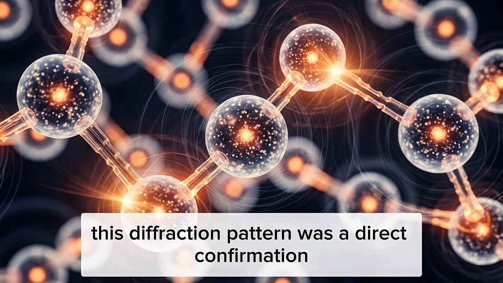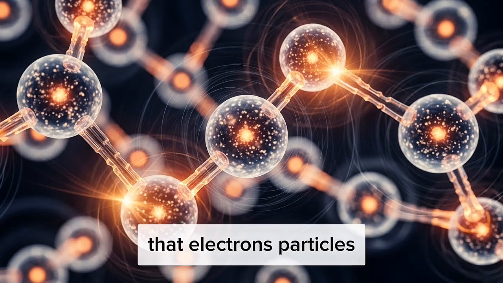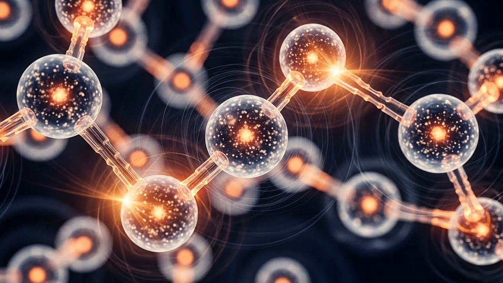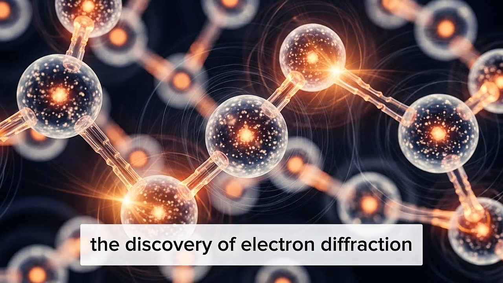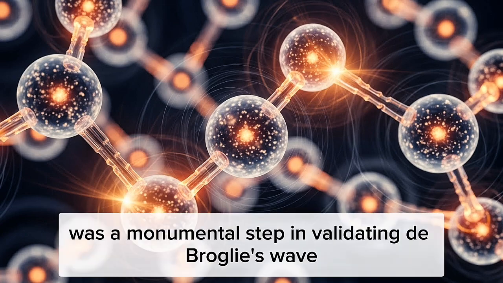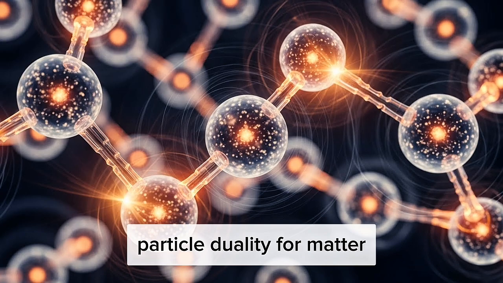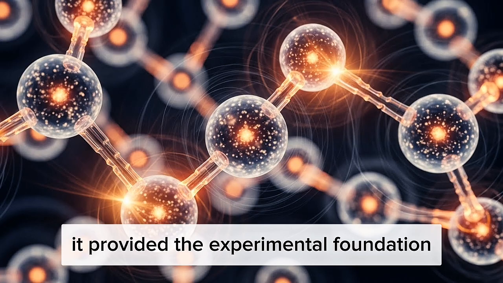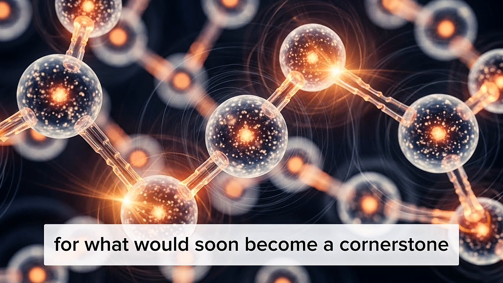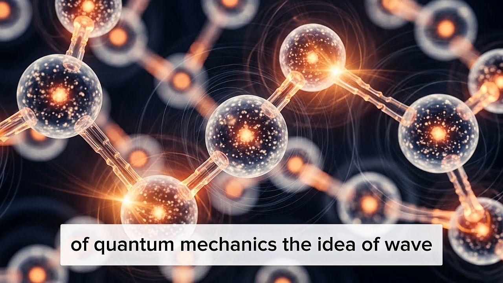This diffraction pattern was a direct confirmation that electrons, particles, could behave like waves under certain conditions. The discovery of electron diffraction was a monumental step in validating de Broglie's wave-particle duality for matter. It provided the experimental foundation for what would soon become a cornerstone of quantum mechanics.